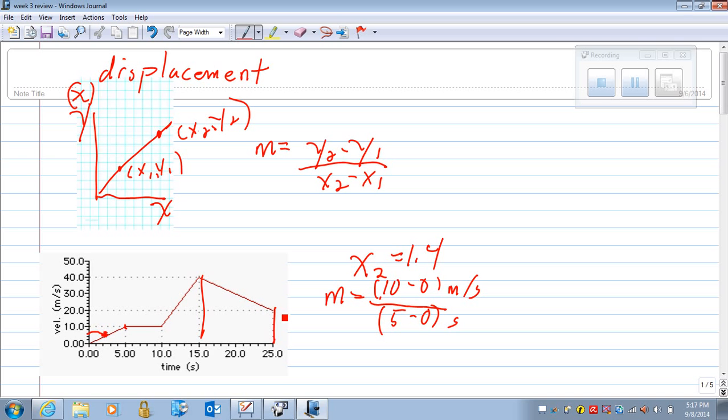So for instance, again, if the slope is equal to y2 minus y1 over t2 minus t1, let's use our physics variables: v2 minus v1 over t2 minus t1.